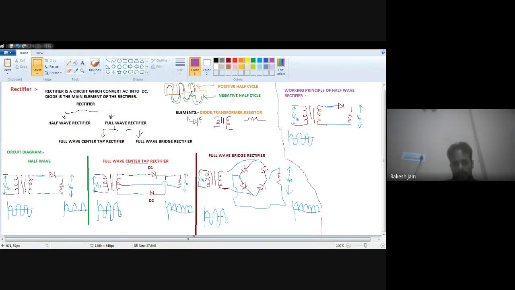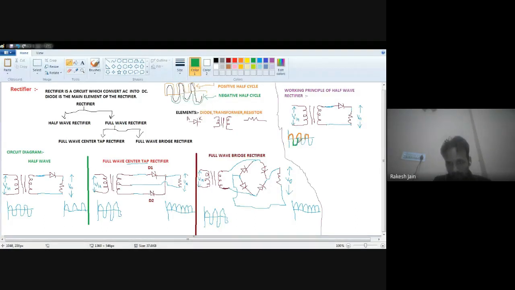Now the input AC supply consists of two things. One is the positive half cycle, that is this part. I am drawing it with orange color so you understand. This is the positive half cycle. And the second part, with this green color I am showing you in this diagram, is the negative half cycle.